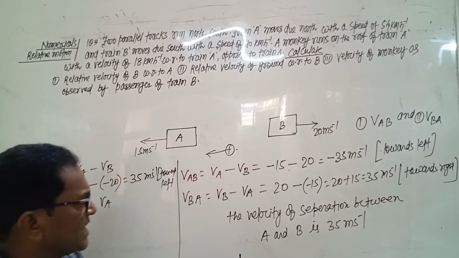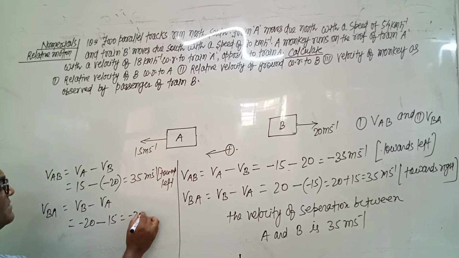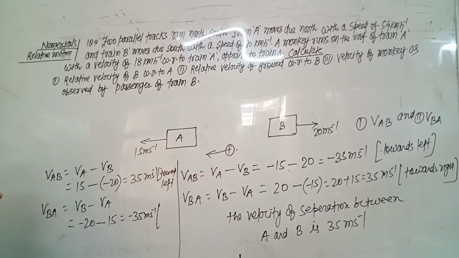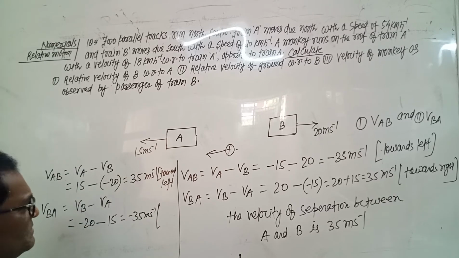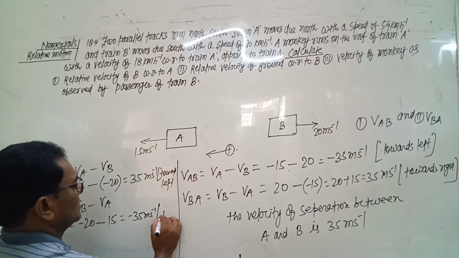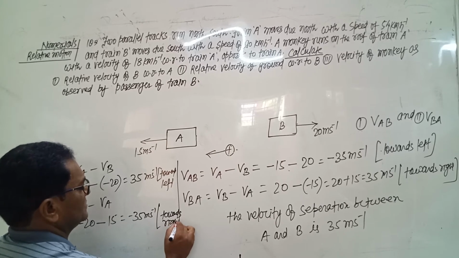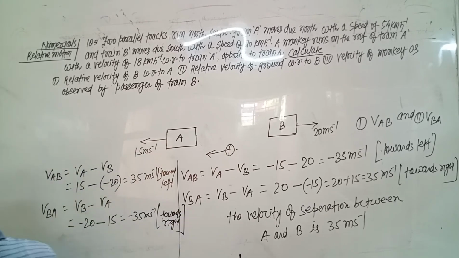B has the opposite direction, so minus 20, minus, A has the same direction, 15. That gives minus 35 meter per second, and minus 35 meter per second shows towards right. So in this way, we calculate the relative velocity of A with respect to B and the relative velocity of B with respect to A.